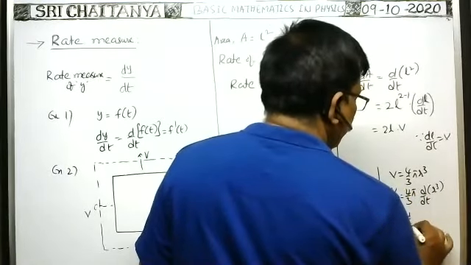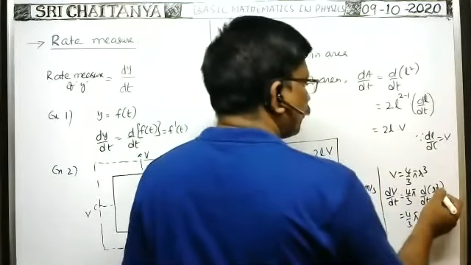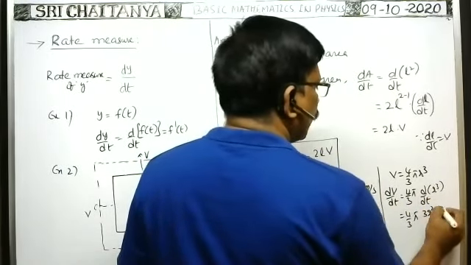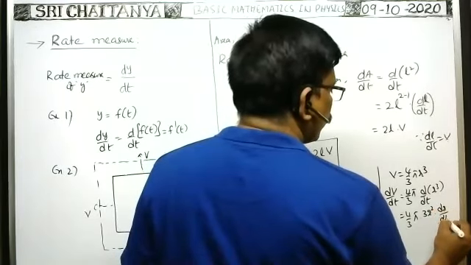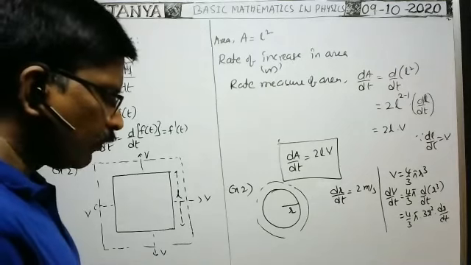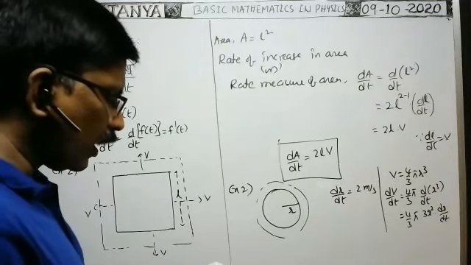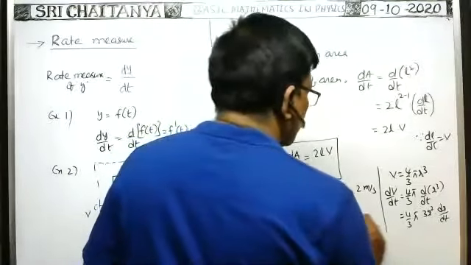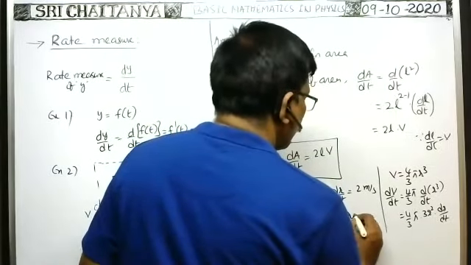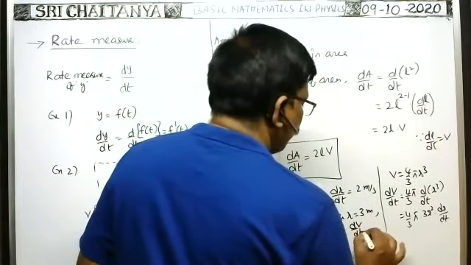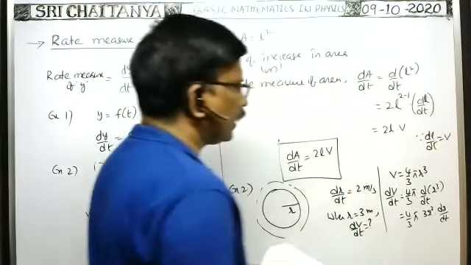That is equal to 4/3 pi into, when you differentiate r cube, then 3r square into dr by dt, no? Here they asked, what is the rate of increase in volume when r is equal to 3 meters. At that time rate of increase in volume dV by dt is equal to question mark. That is the question they asked.